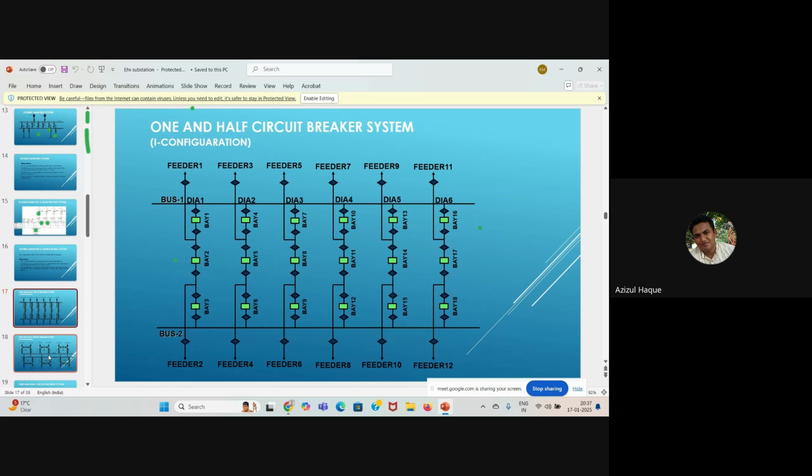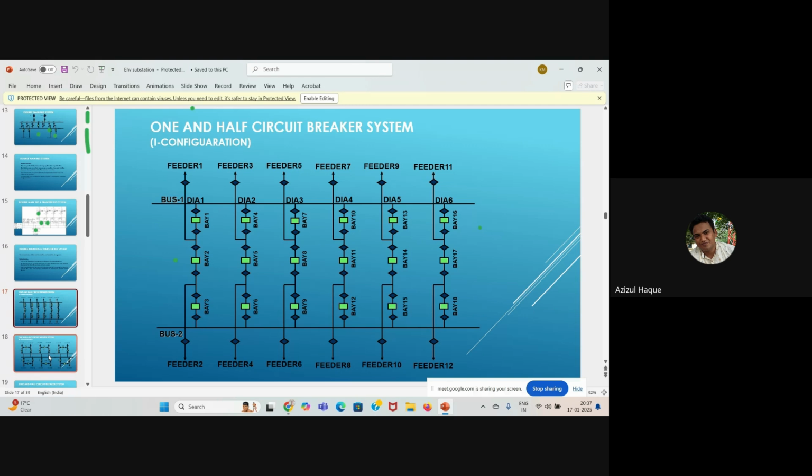When this tiebreaker is open, then bus 1 and bus 2 are operating independently. They are not connected. But if we close this breaker, what will happen? On this side, power is coming from bus 2, and on this side power is coming from bus 1.